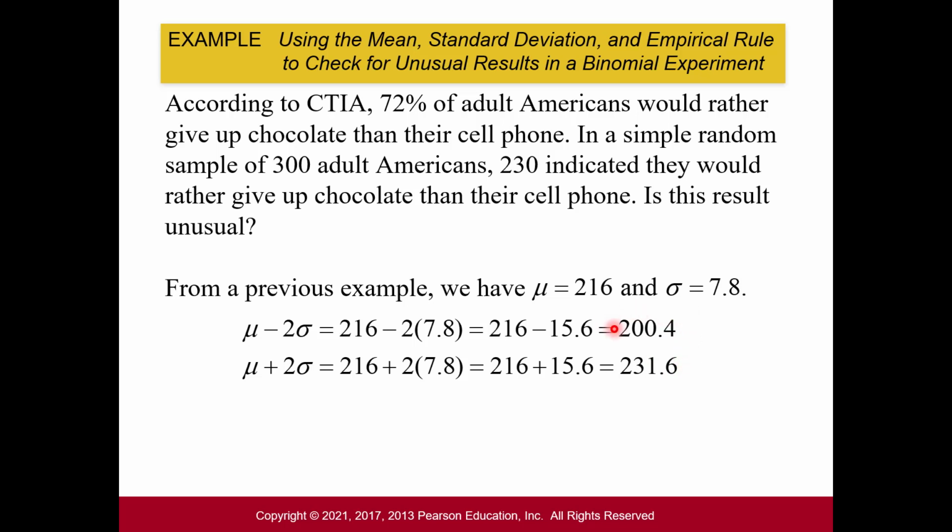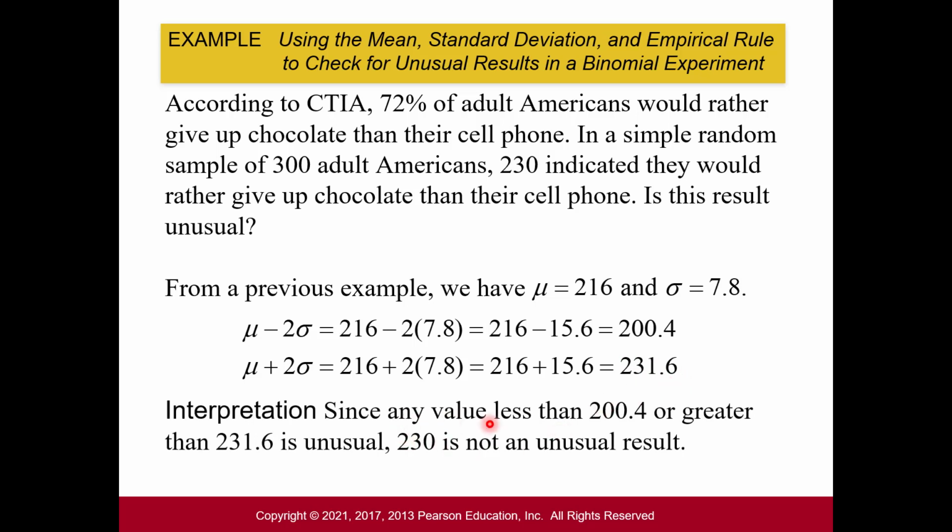And so this is saying within 2 standard deviations less than the mean, within 2 standard deviations greater than the mean. Okay? And so since any value less than 200.4 or greater than 231.6 is unusual, this number of 230, it's in between these two, and so it's not unusual. It's within 2 standard deviations, either above or below the mean, and we don't consider that unusual or an outlier.